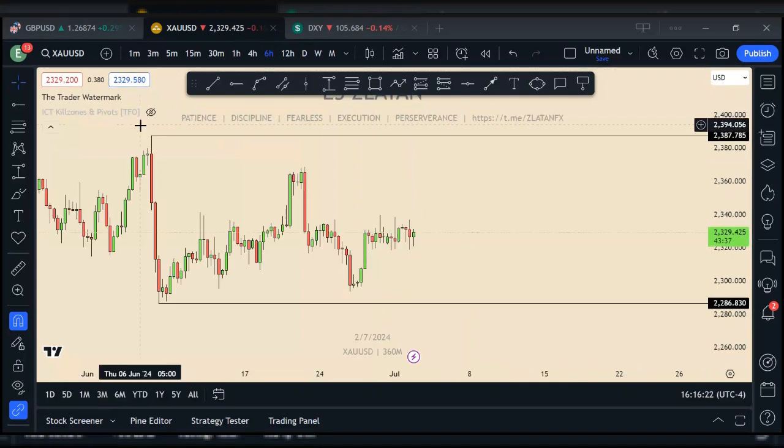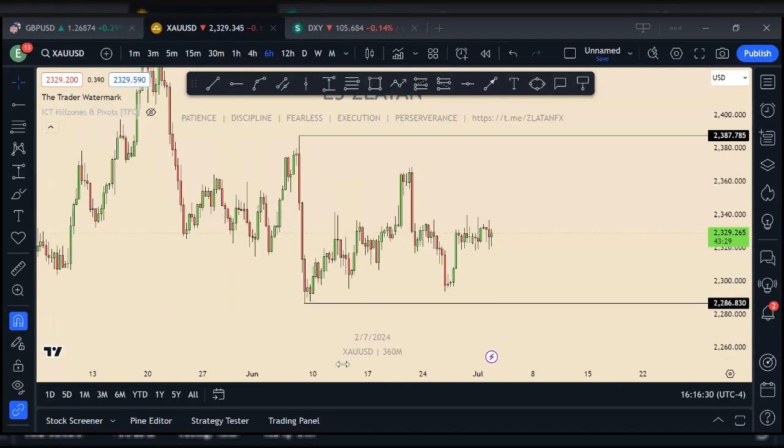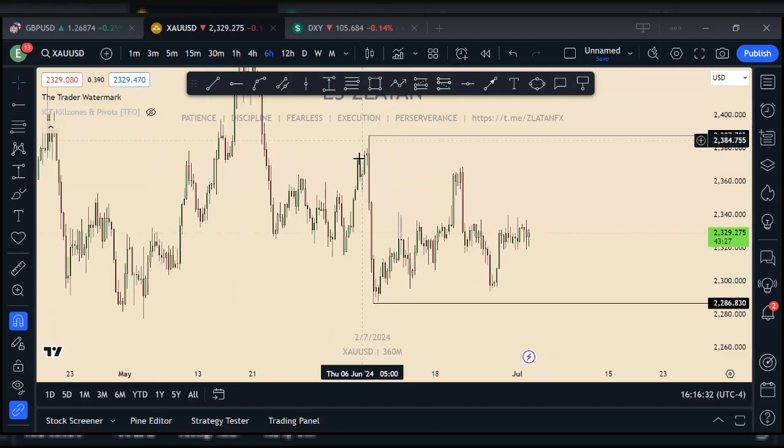The high and the low. The high that took out the low. The low that created the high. That's your range. It's as simple as that, folks.